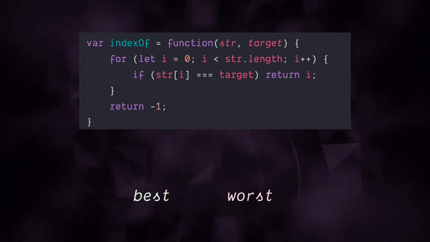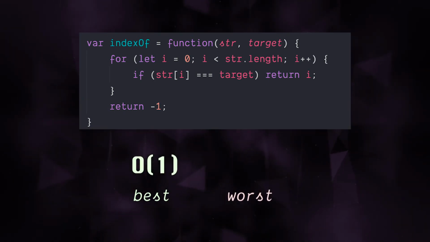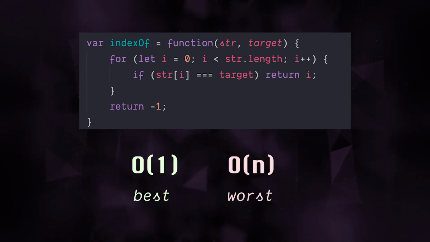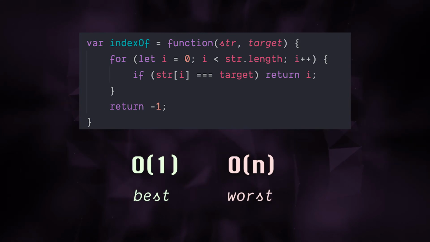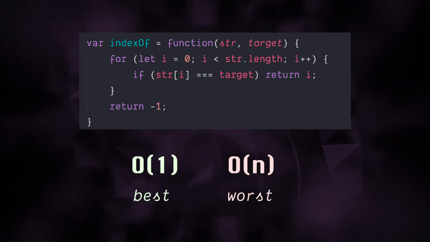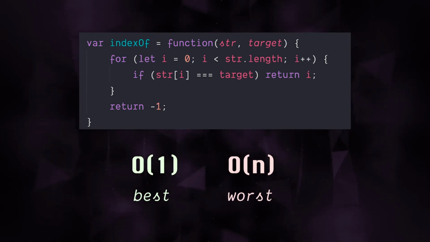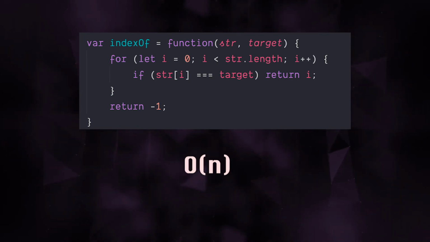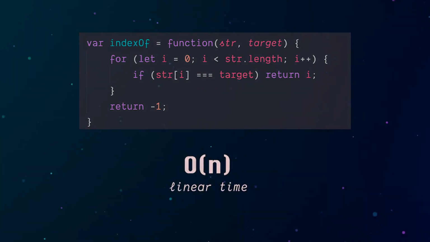So our best case is going to be O of 1 or a single check operation. But our worst case is going to be O of n or proportional to the length of our string. With big O, it's the convention to always take the worst case. So we can say that this index function is O of n or linear time or the order of n.